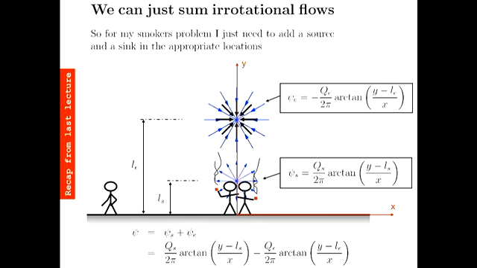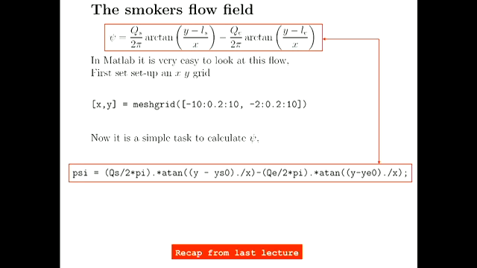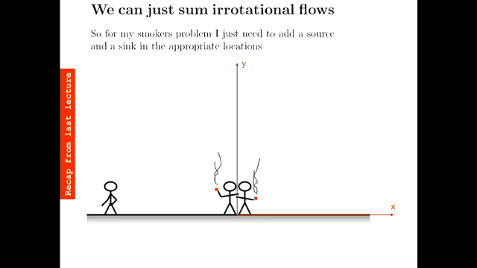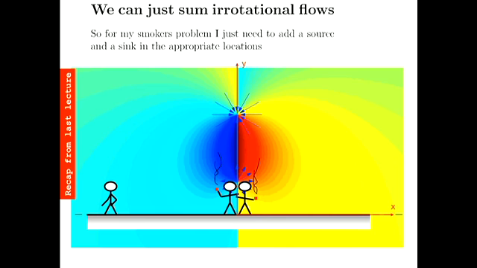And then all I have to do is add those two stream functions together, and I get an expression for psi for my total flow field for that smoker's problem, all right? And we spoke briefly about how simple that was to code this up in MATLAB and have a quick look-see at the flow, okay?